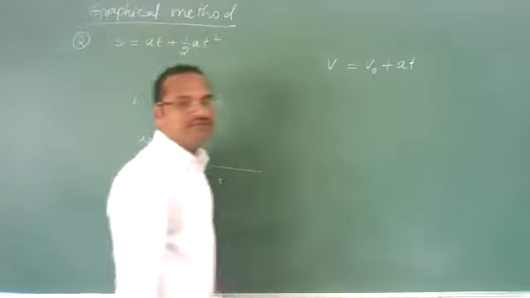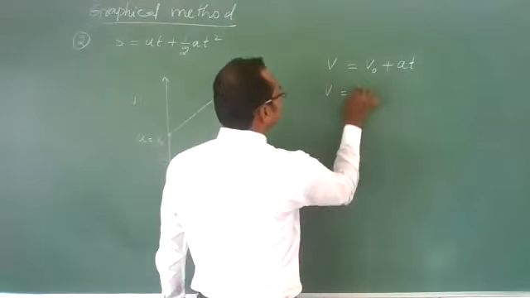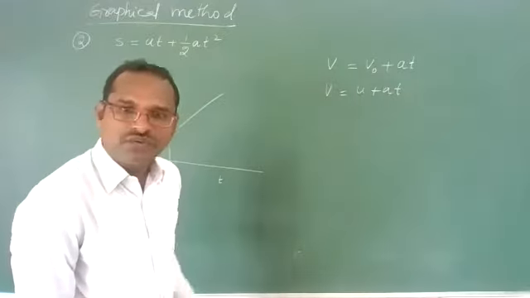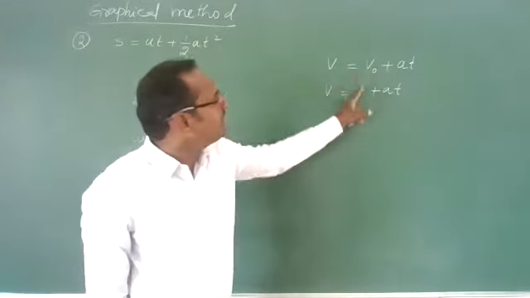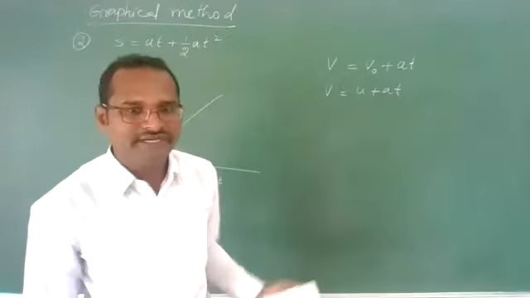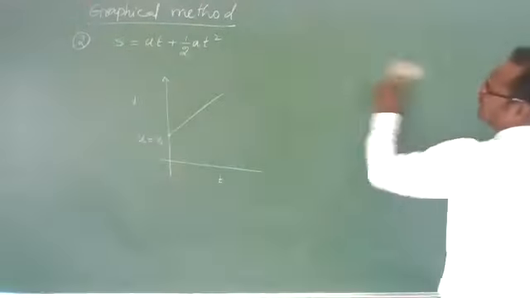Don't get confused. I am writing V is equal to U plus AT so that you can understand it clearly. V0 indicates U, the initial velocity only. There I have given it like that.